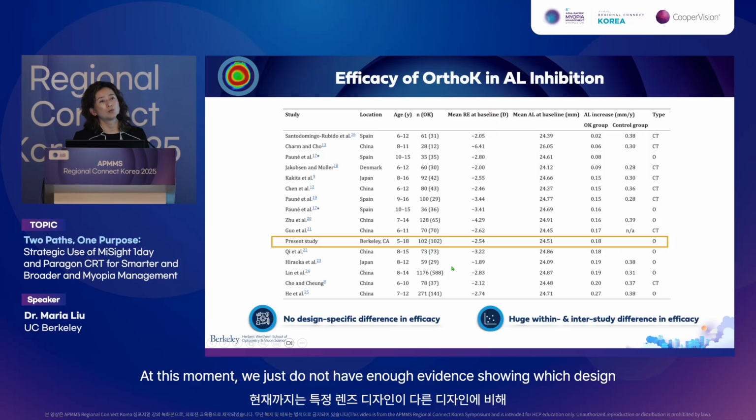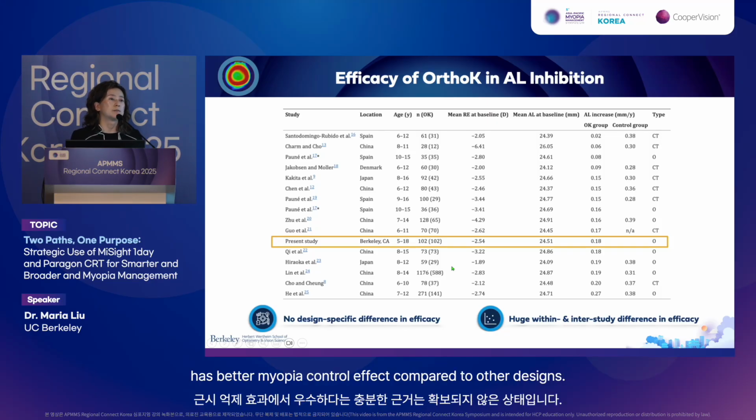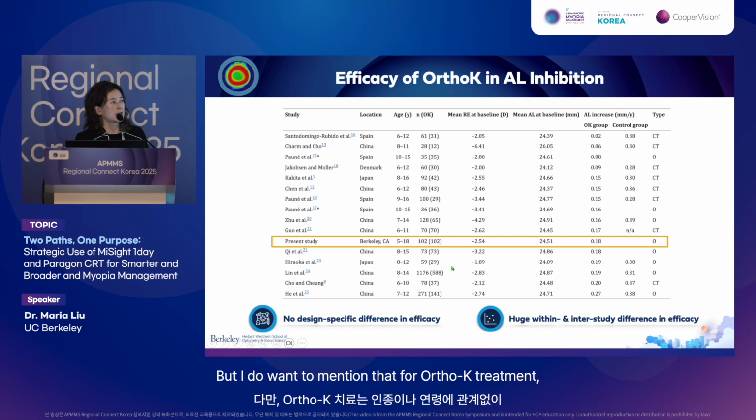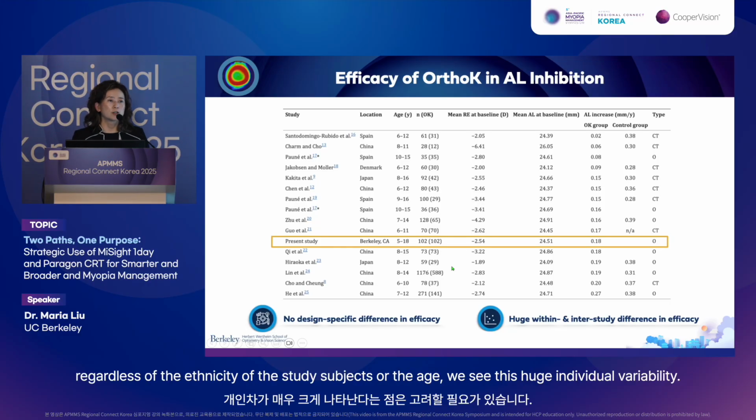At this moment, we just do not have enough evidence showing which design has a better myopia control effect compared to other designs. But I do want to mention that for ortho-K treatment, regardless of the ethnicity of the study subjects or the age, we see this huge individual variability.